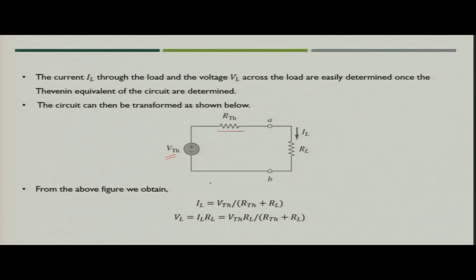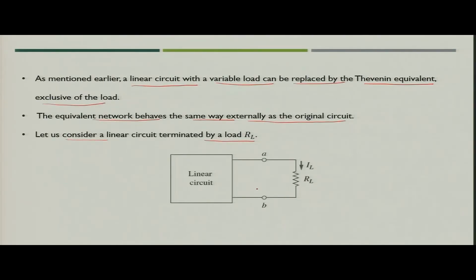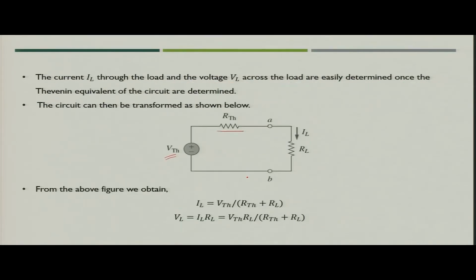So, this would be the equivalent circuit of your original circuit, where the linear circuit is not known to us. We are just simply replacing it with the Thevenin equivalent. Now, how will we calculate the value of current IL? Simply, IL would be the voltage VTH divided by RTH plus RL. That is simply Kirchhoff's voltage law, which you can apply to get the value of current IL.